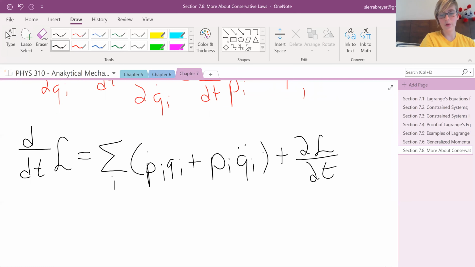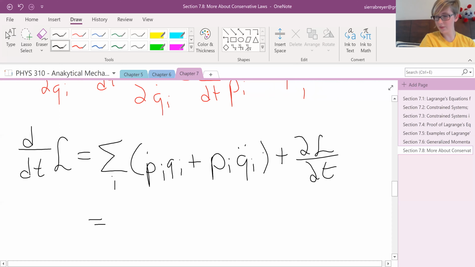And then we're going to take it just a little bit further. Because if we notice that there's a lot of dots going on here, because there's a dot there, dot there, dot there, we can pull out, this is so weird, but we're going to pull out a time derivative.